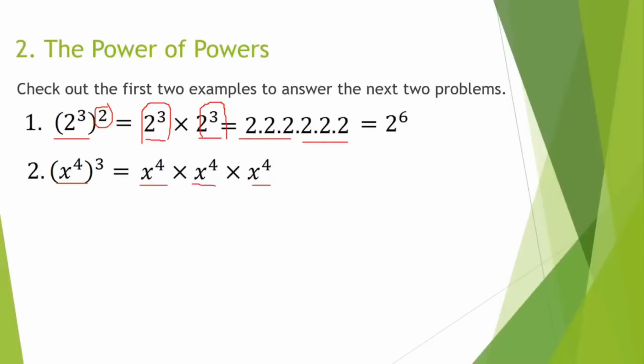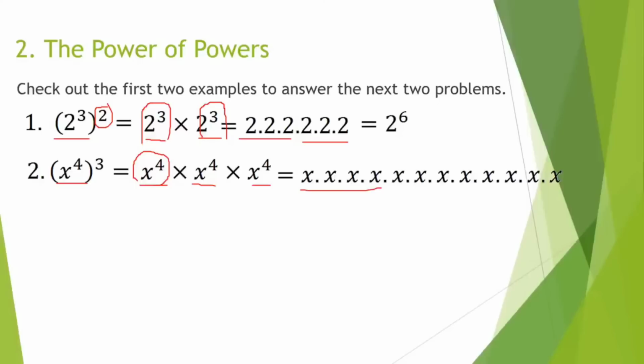After that, we can expand each term. So x raised to 4 here can be written as x times x times x. The next one, x times x times x. And the last is x times x times x. So when we count all of those and rewrite as an exponential expression, the result is x raised to 12.